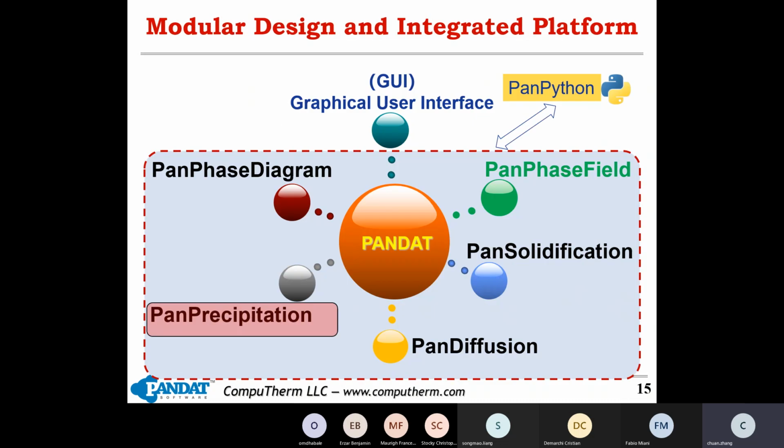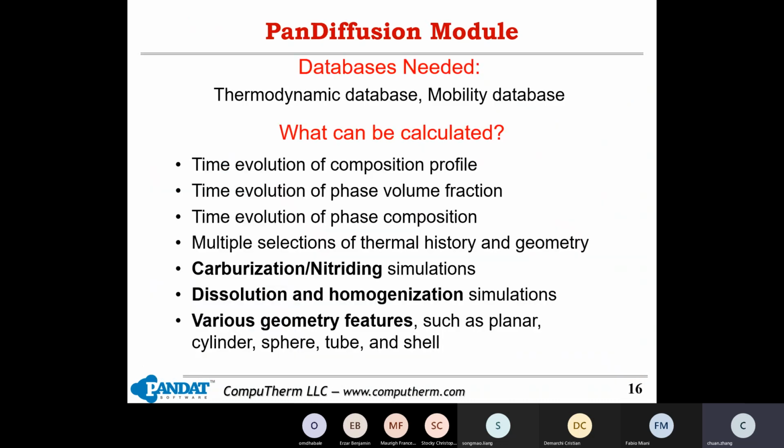For the next module, we are going to introduce the diffusion module. Actually, for the diffusion module, this is for diffusion simulation, and this slide just briefly lists the major functions of this module.